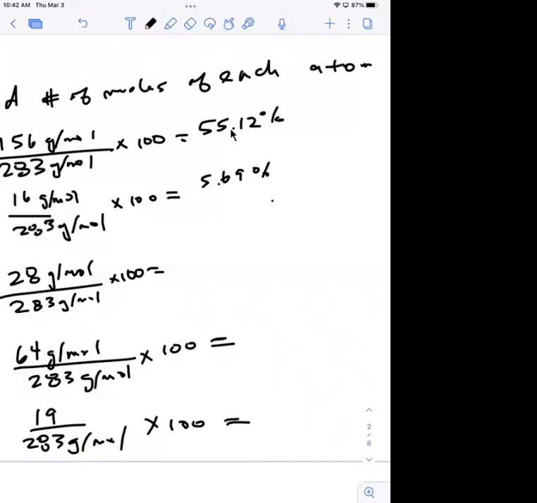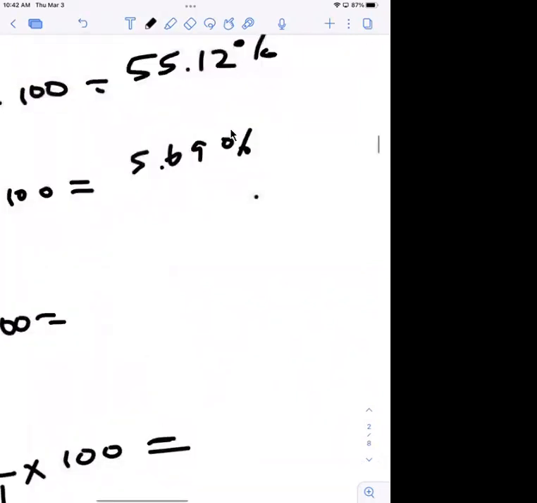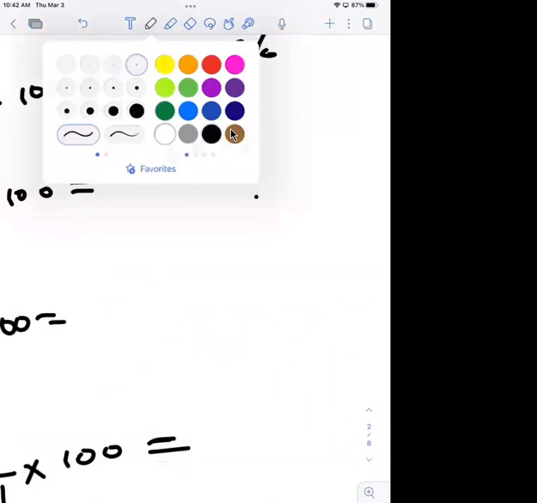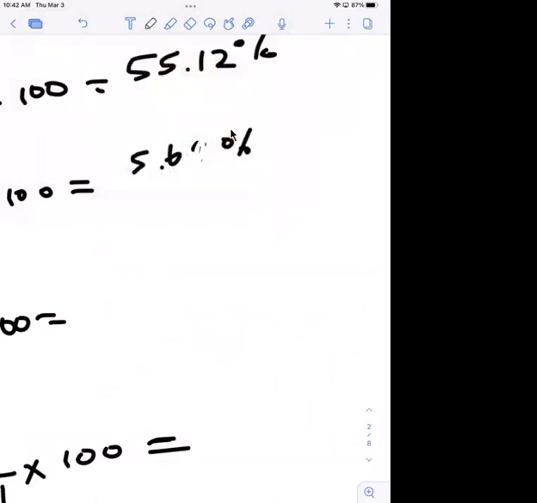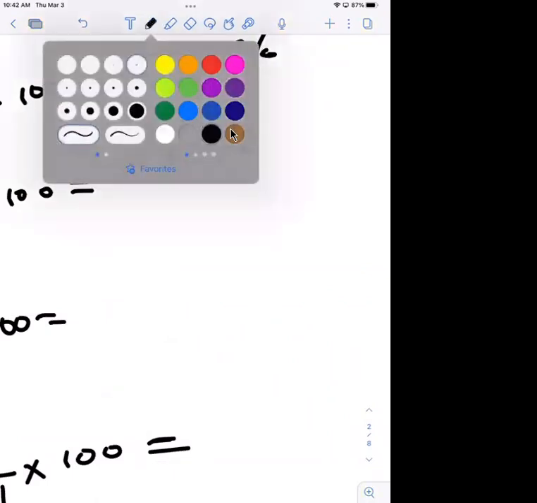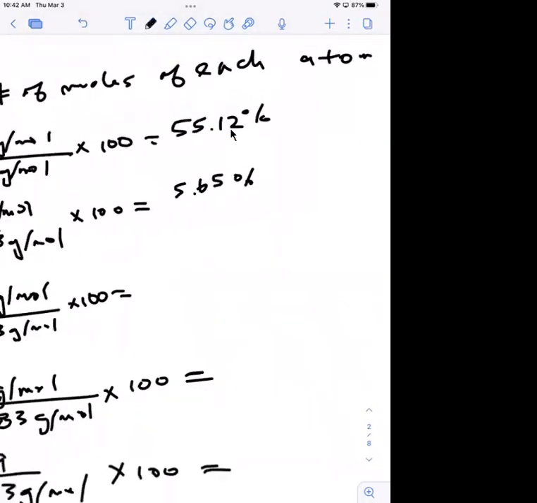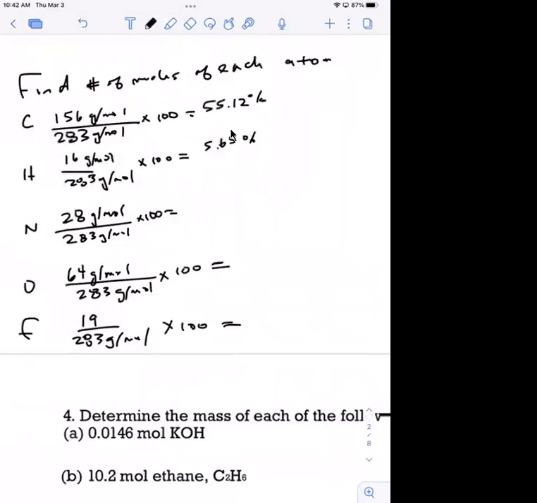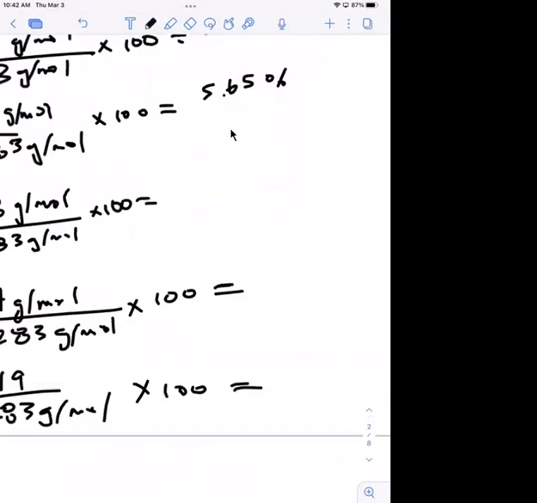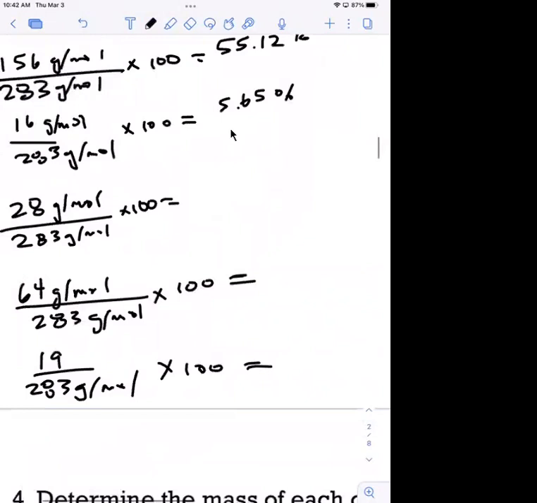5.65%. All right, good. 5.65%. All right, what about nitrogen? I got 9.88.